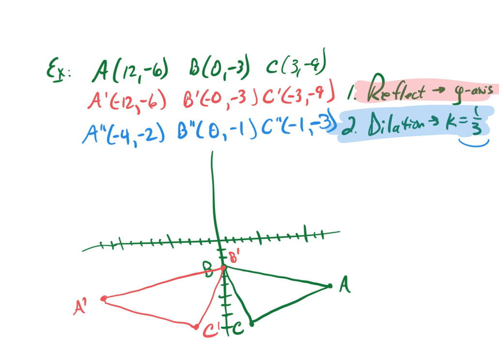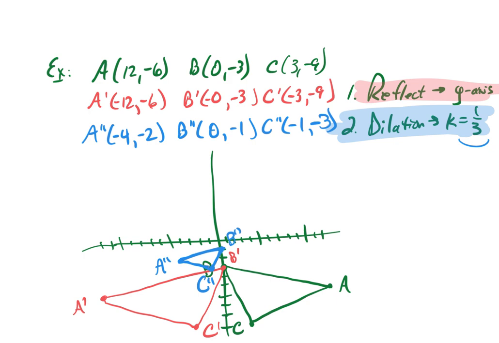And of course, once we have the new ordered pairs, now we can draw our dilation. So this is left 4 down 2, the new location for A. Stay in the middle, go down 1 is the new location for B. Left 1 down 3 is the new location for C. So we reconnect the points A double prime, B double prime, C double prime to get that triangle.